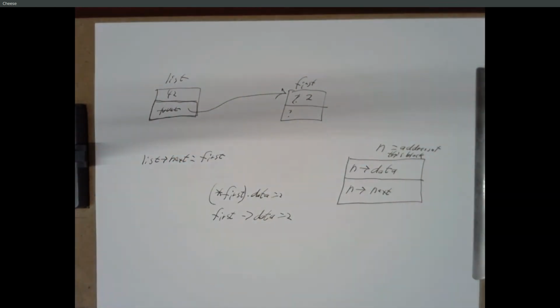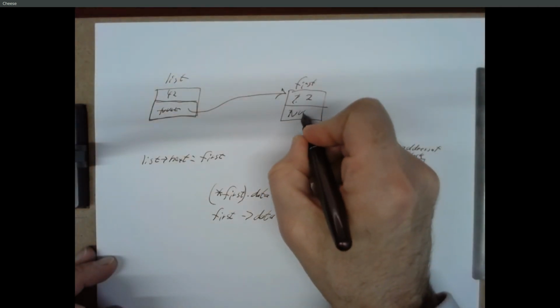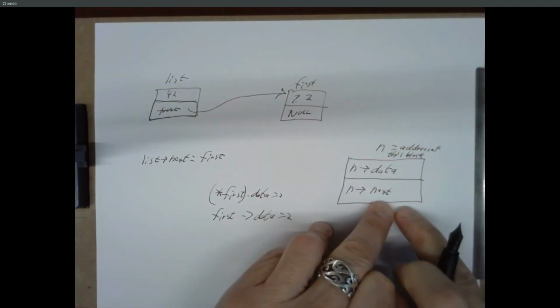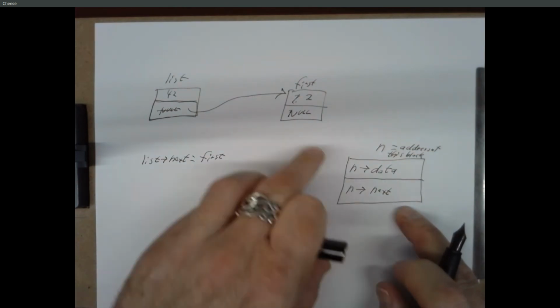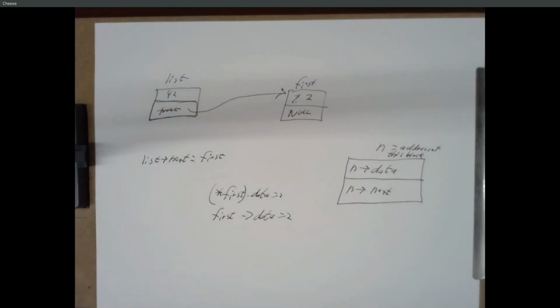All right, what's the last thing we need to set up? Say again? First needs to point to null. Yes, first needs to point to null, so we want to put a null in here. So this is first arrow next, and we just want to set that equal to null.